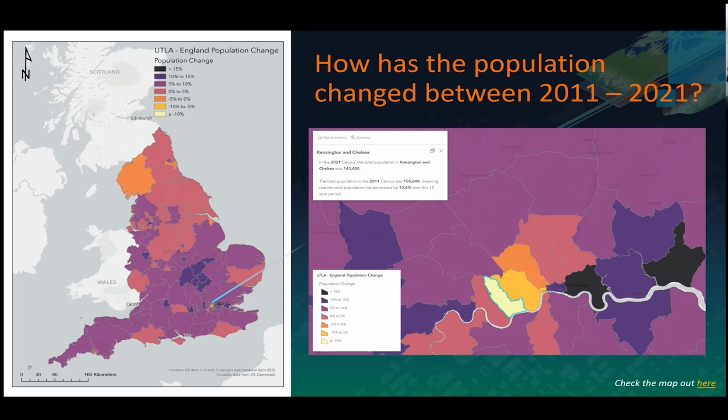Over this 10-year period, Kensington and Chelsea's population declined by 10.6% and Westminster by 7.4%. Now, some speculate that due to the census being taken at an unusual time, with some people relocating during the pandemic, has affected this result.